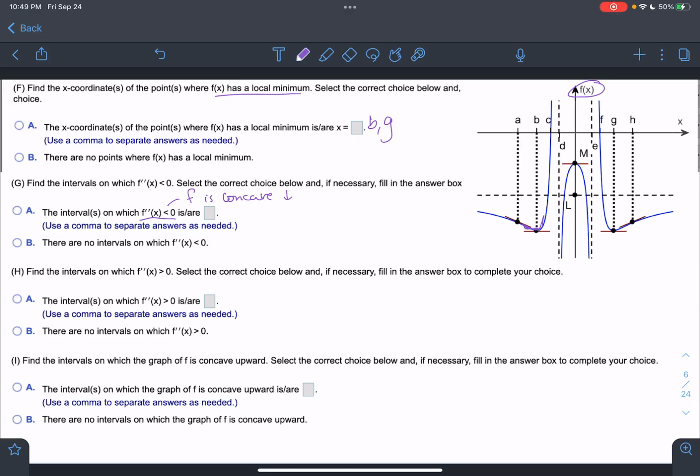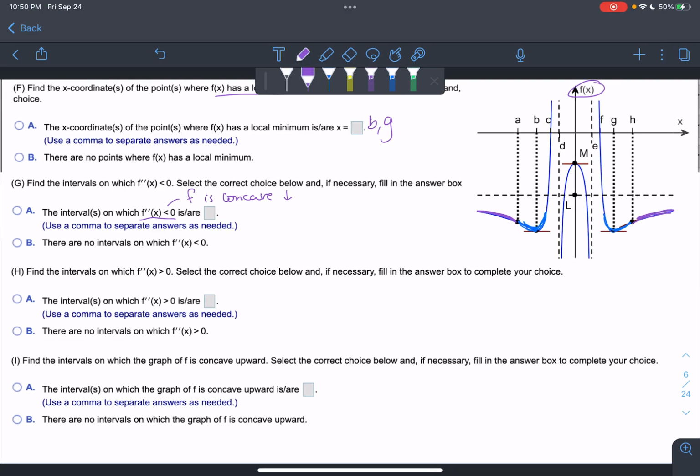So I know it's kind of hard to tell on here, but it's actually from negative infinity to a, because then this stretch is actually concave up. And then it's the same thing over here. It's kind of concave up, and then it changes concavity at h. Which, spoiler alert, that means that h is a point of inflection, so is a, but we'll get there.